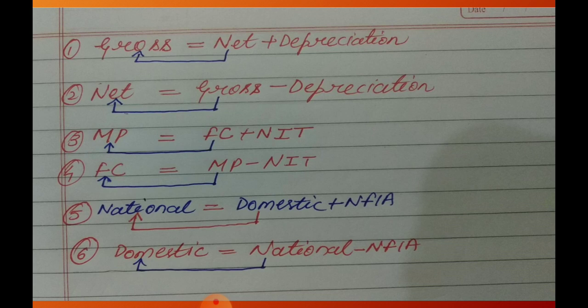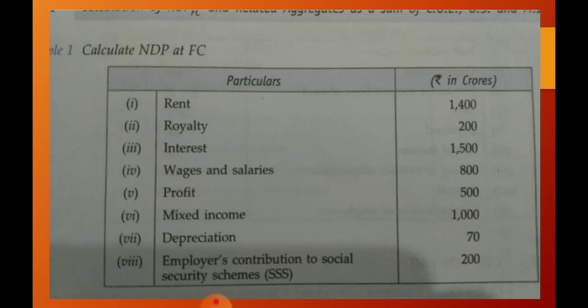If FC is given and you are told to find market price, then you have to add NIT. If market price is given and you are told to find factor cost, then you have to subtract NIT. And how do you calculate NIT? Indirect tax minus subsidy. If the domestic concept is given and you are told to find the national concept, then you have to add NFIA. On the other hand, if national is given and you have to find domestic, then you have to subtract NFIA. Now let us start to attempt the question.